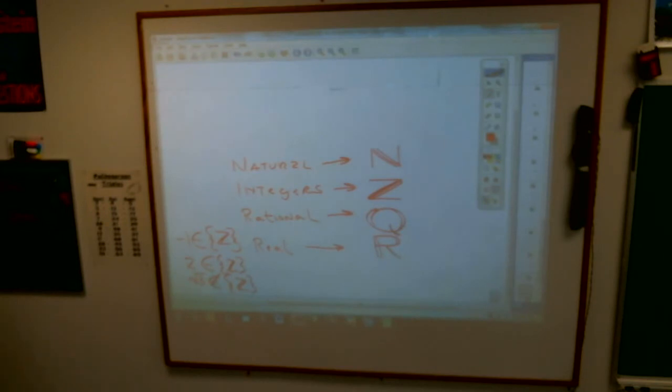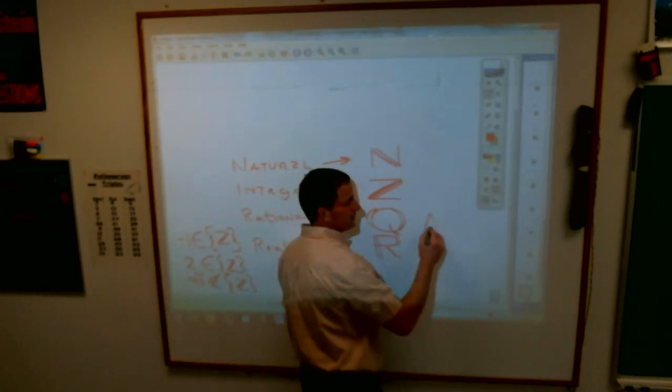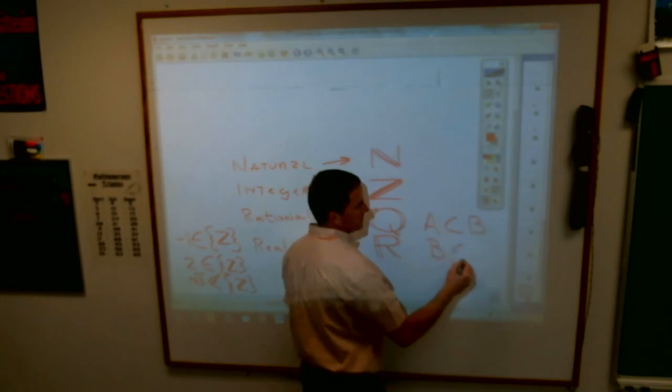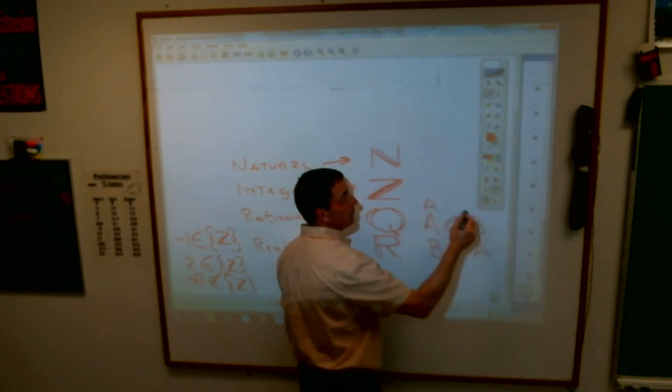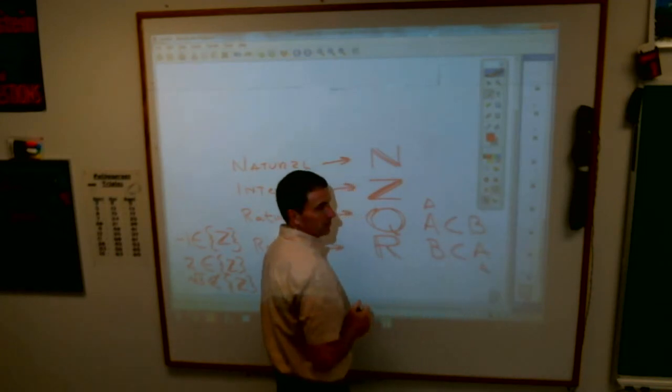Here's your choice: is A a subset of B, or is B a subset of A? A is the triangles, B is all polygons. Which one is a subset of which one?